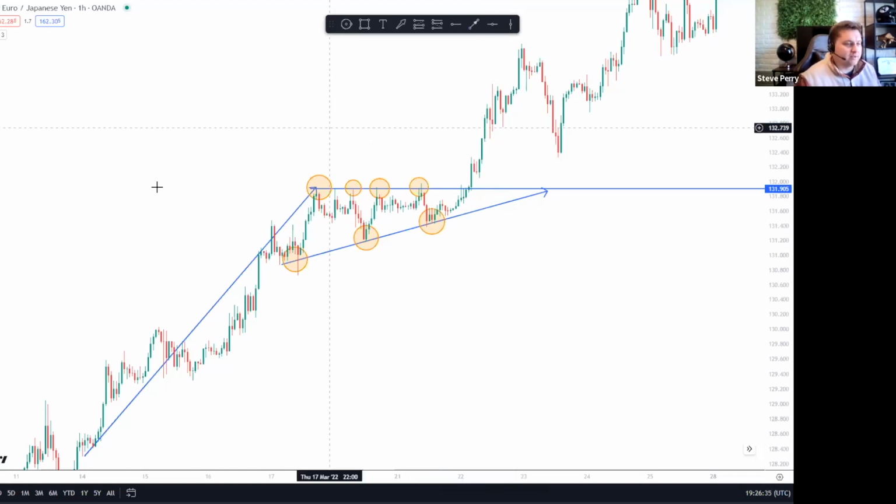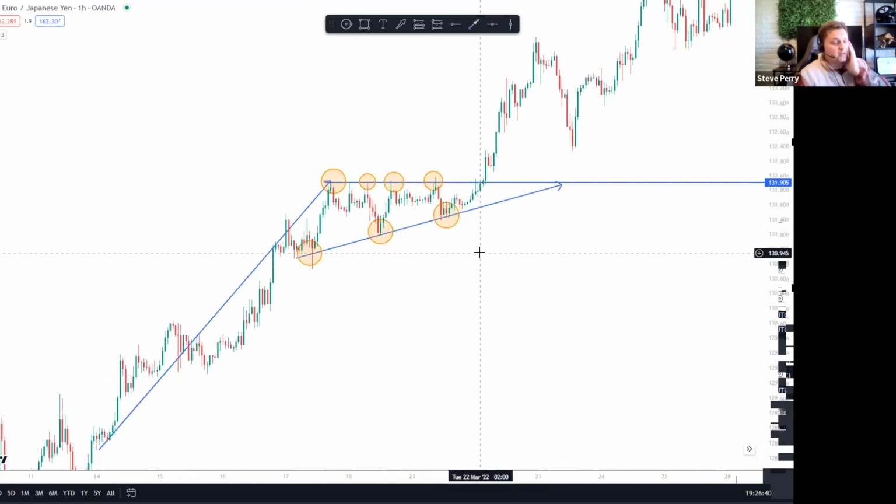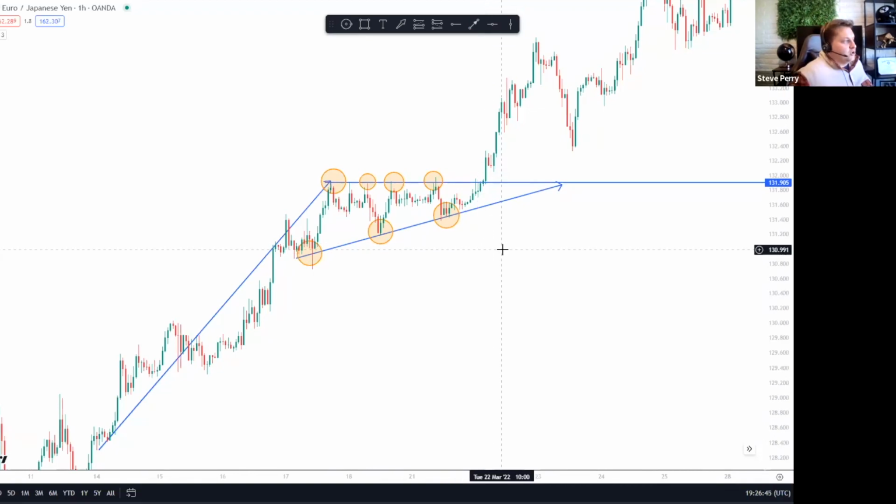And again, make sure it's appropriate for the currency pair that you're trading and the time frame that you're on. So obviously trading the euro would make sense during the London Open, or the yen during the Tokyo Open. That makes sense for a breakout. And the time frame makes sense because it's an hourly.